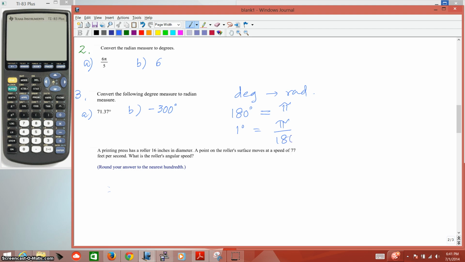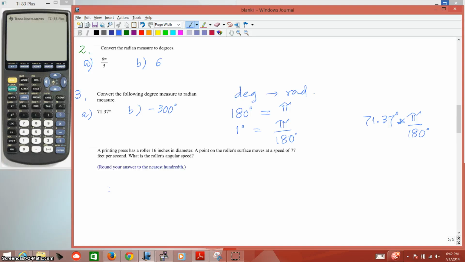If I'm given 71.37 degrees, I want to convert it in terms of radians. I just use that multiplier, plug it in the calculator and round it off to the nearest digit given. You just do that calculation. Okay, that's pretty simple.